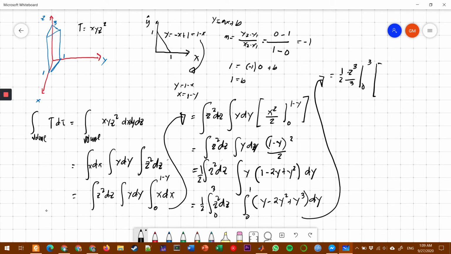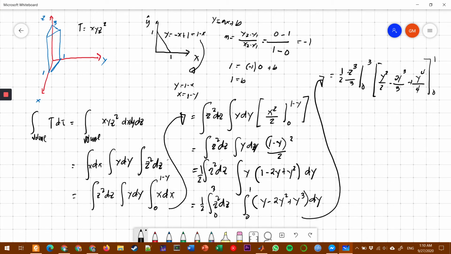Now how about this one, the y part? So this is y squared over 2 minus 2y cubed over 3 plus y to the 4th over 4. This is evaluated from 0 to 1.